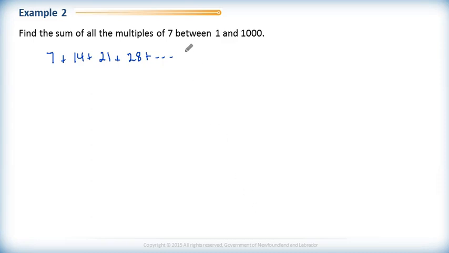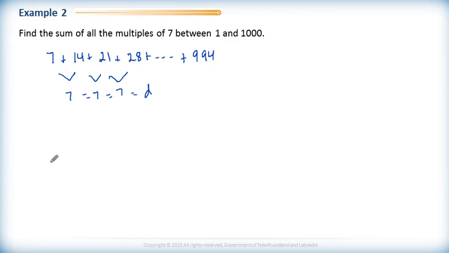A little bit of trial and error determines that that's 994. We notice that there's a common difference, as we would expect, of 7, and we've got to find the sum of all the multiples of 7.